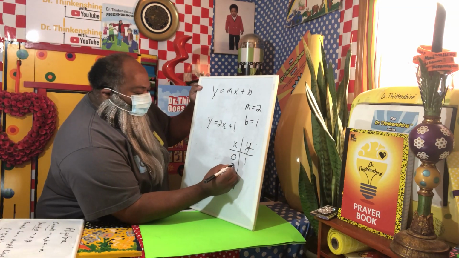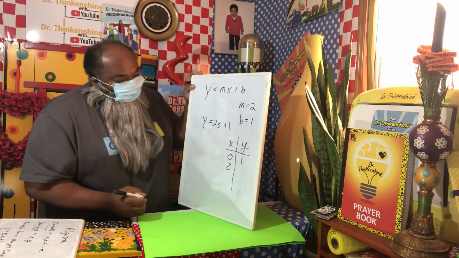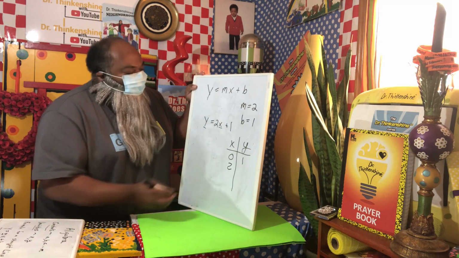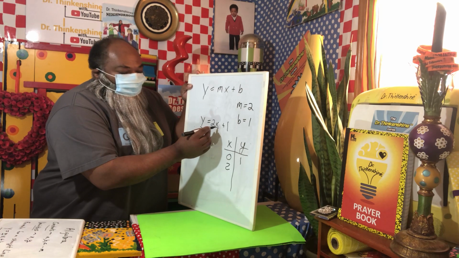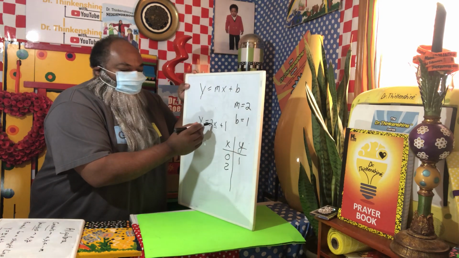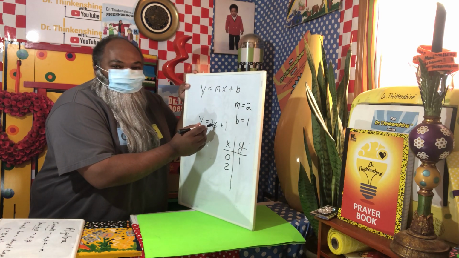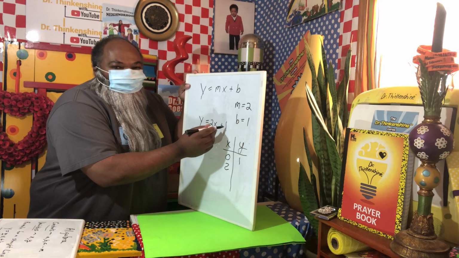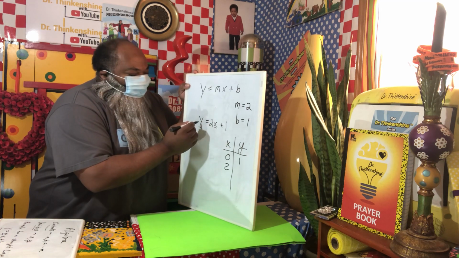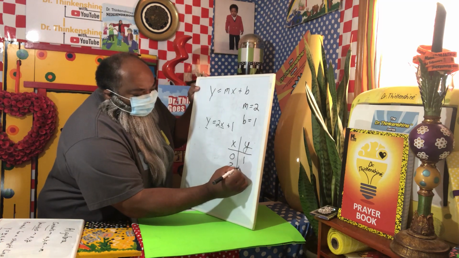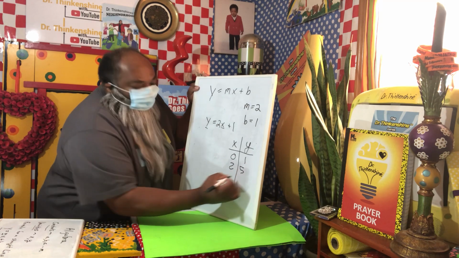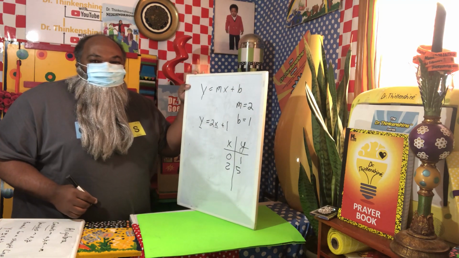And let's make x equal 2. If we plug 2 in for x, we get 2 times 2, which equals 4. Add 1 to it, and you got 5. So y will equal 5.